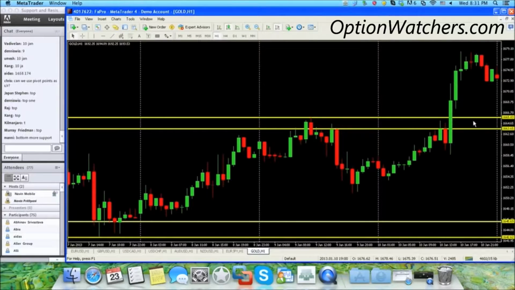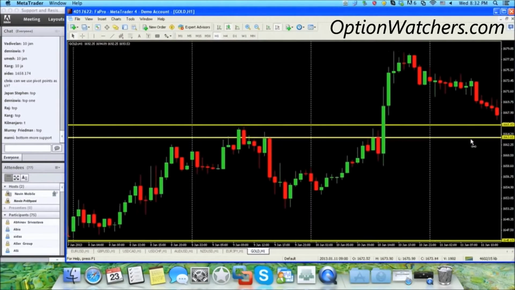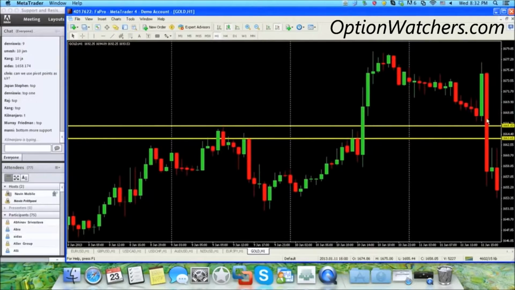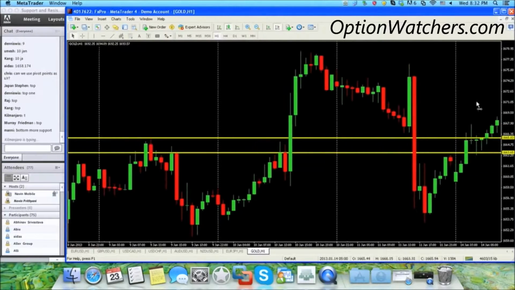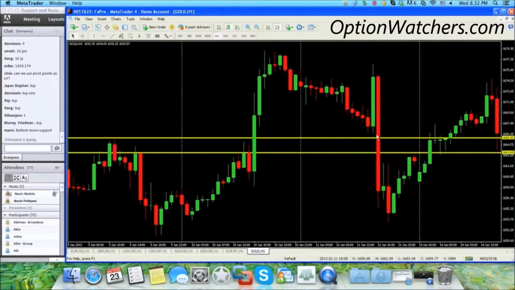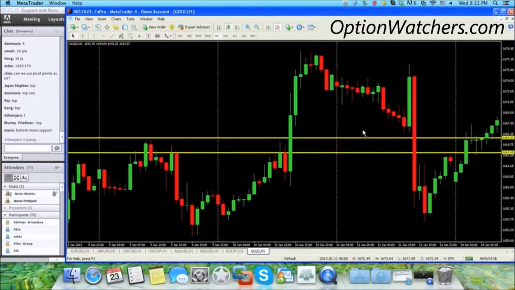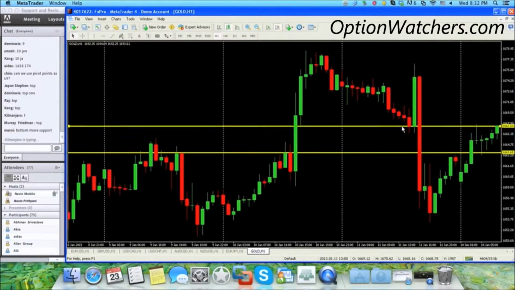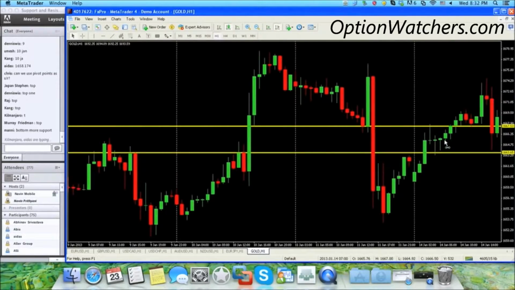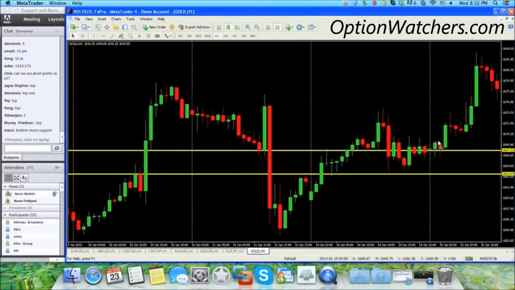It's the closest thing we can see the next day. Big candle break. Now these ranges actually go from here now.